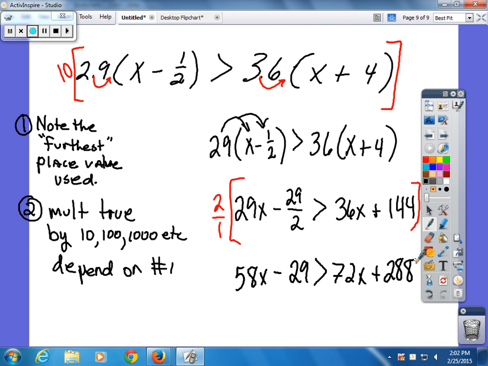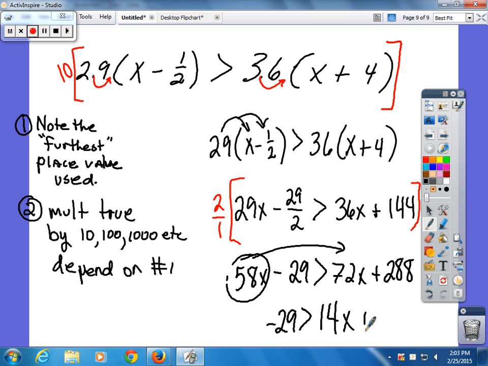Now which one's the bigger bucket? I'm sorry, the smaller bucket. 58 goes across. Negative 29 is greater than 72 minus 58, that's 14. Is it 14? I think so.